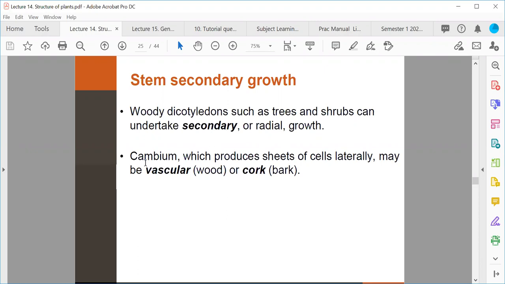And these meristems are referred to as cambiums. The two types are shown here. One's called the vascular cambium, which will give rise to woody tissue. And the other meristem is called the cork cambium, which gives rise to bark. And these two types of meristem produce sheets of cells laterally to add girth to the stem.